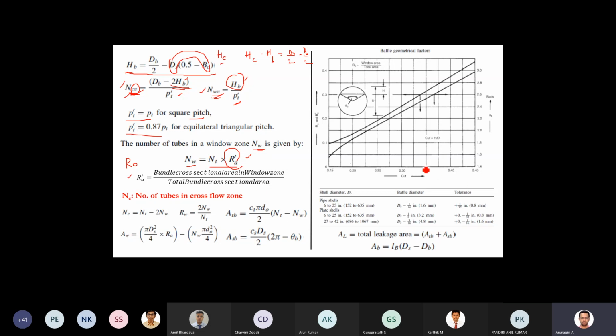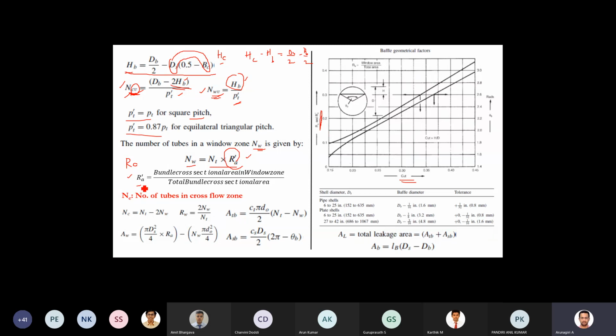If you refer to this diagram, it represents both the baffle cut and the bundle cut. Here you can see both RA dash and RA. So RA dash is for heat transfer coefficient and is based on bundle cut, while RA is for pressure drop and is based on baffle cut.